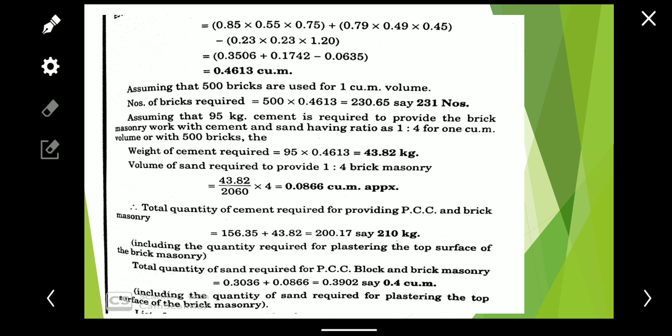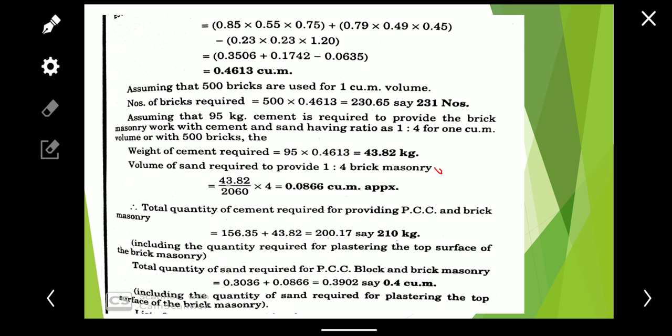After calculating, 0.4613 cubic meter. Assuming 500 bricks are used for 1 cubic meter volume, the number of bricks required is 500 into 0.4613, which is 230.65. That means we require 231 bricks.